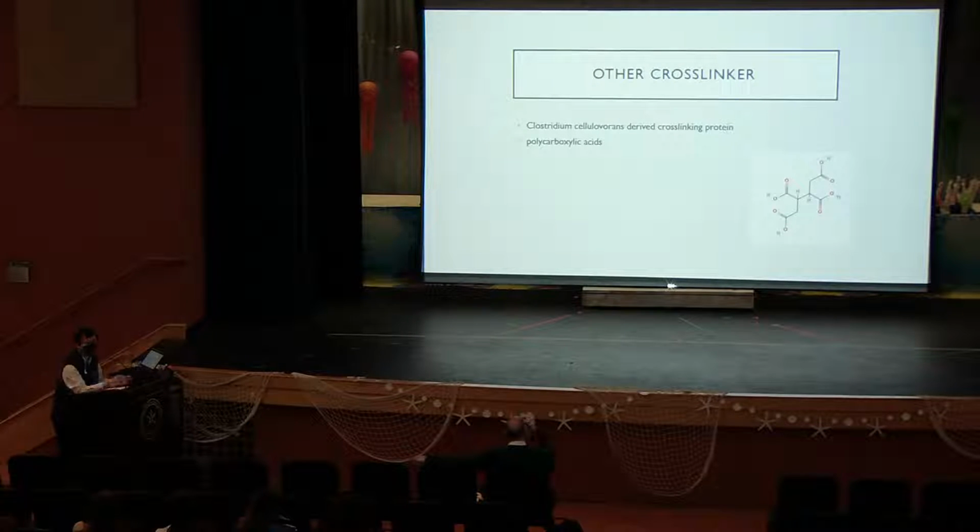There are other cross-linkers used in the industry that we didn't go into depth in this project, such as this protein cross-linker derived from Clostridium cellulovorans. It was fused to form a cellulose cross-linking protein, and the recombinant bifunctional cellulose binding protein was expressed in E. coli, applied by immersion onto Whatman cellulose filter paper, and its mechanical properties were tested.